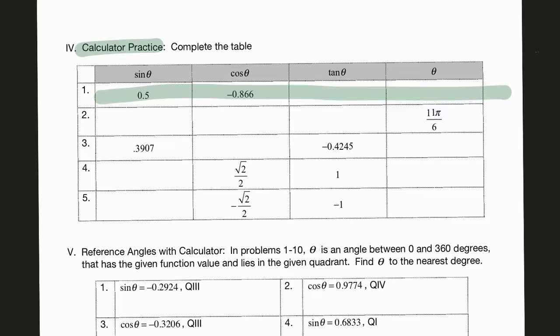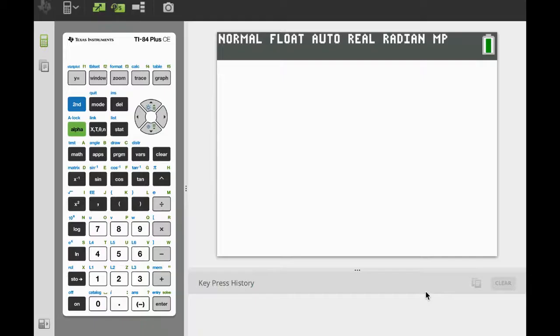All right, so the first thing I want you to notice about number 1 is since the cosine is negative and the sine is positive, that means we are in quadrant number 2. So the angle that you get, which is what I'm going to do first, you need to do in the correct quadrant. So let me switch over to calculator, and then we'll come back.